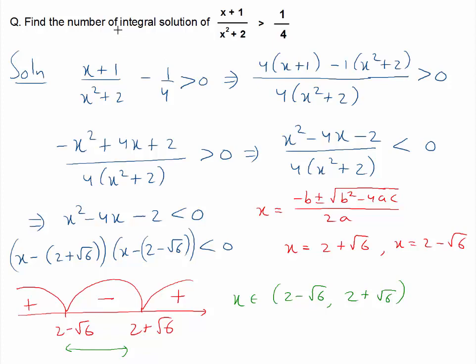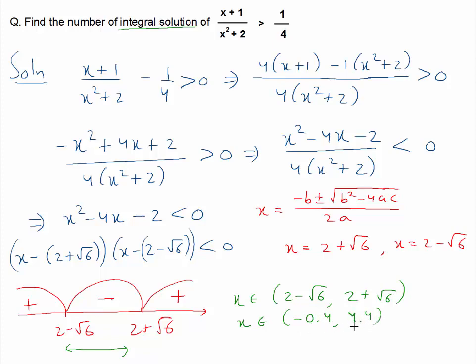But we need to find the integral solution. So integral solution means only integers. So if you calculate the rough value of this, root 6 is 2 point something. So if you subtract this, we will get approximately x belongs to minus 0.4 to 4.4.